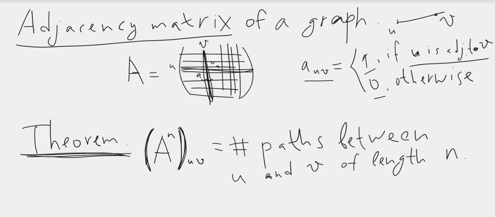Specifically, in this A to the power n, the value for the vertices u and v is equal to the number of paths of length n between u and v.